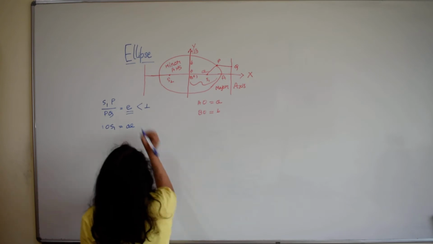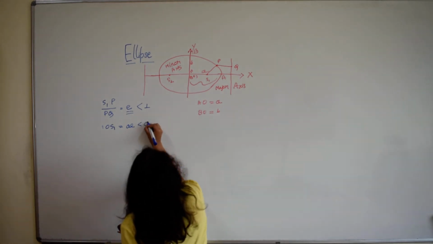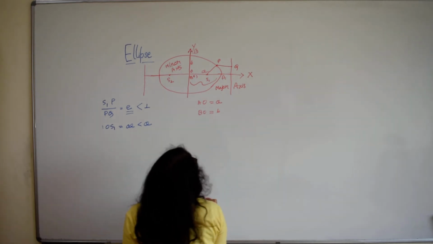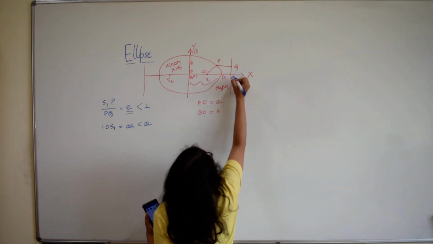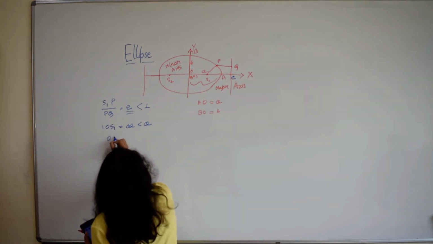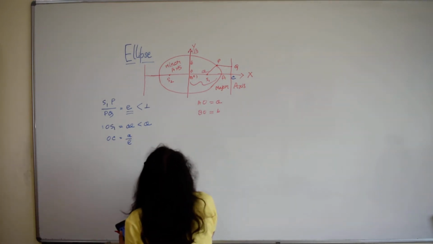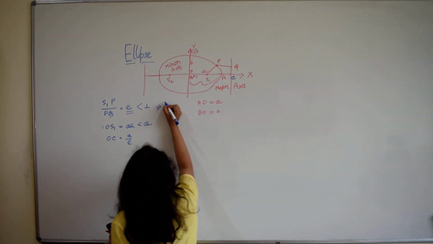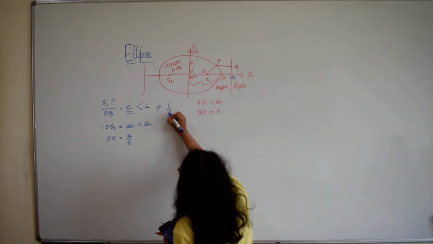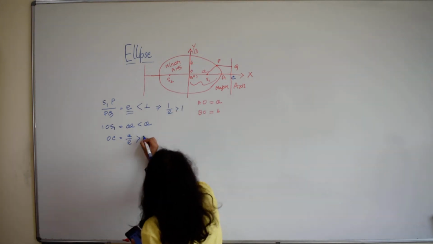Now we know that e is less than 1, so ae will always be less than a. Now the distance between O and the directrix, let's say this point is C, is OC equals a by e. Now we know that e is less than 1, so 1 by e will always be greater than 1. So this will always be greater than a.